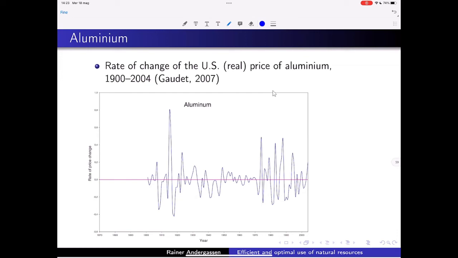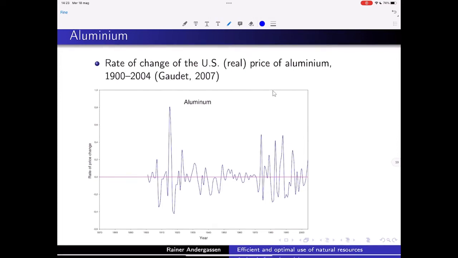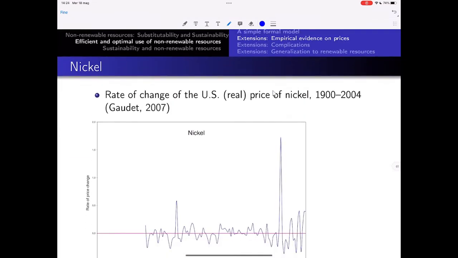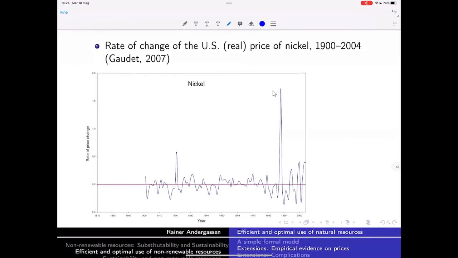Again, huge fluctuations around zero, something that you would hope not to see in the data. Same story here, and nickel also.